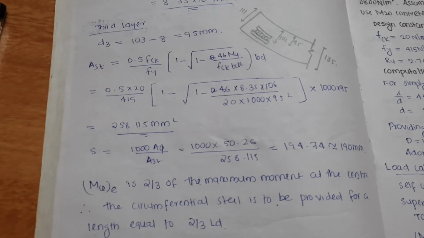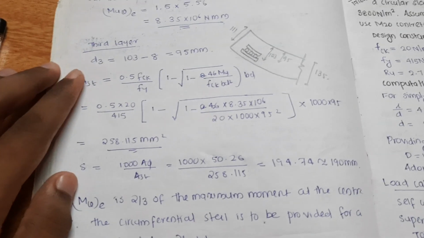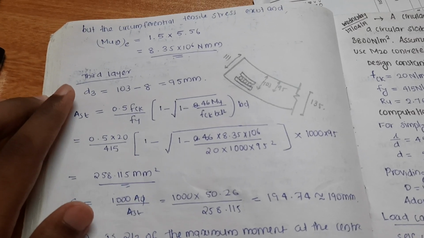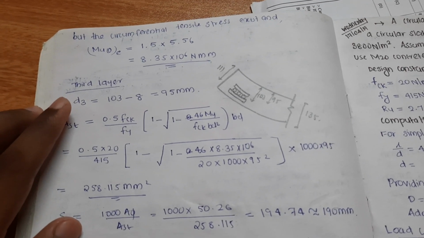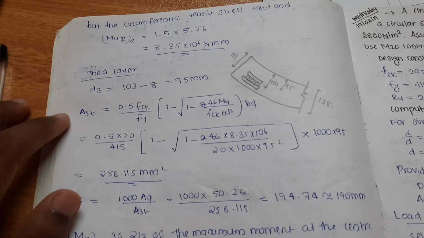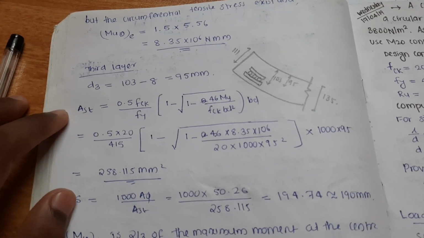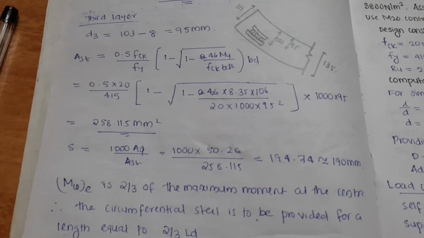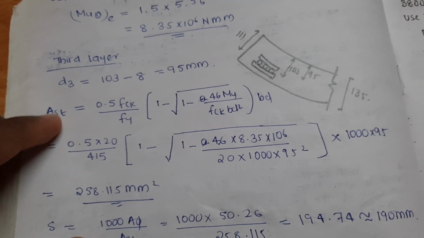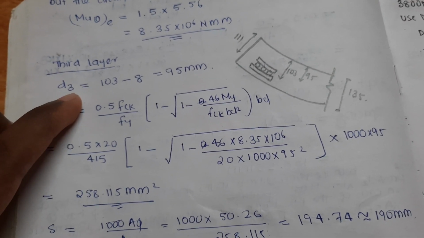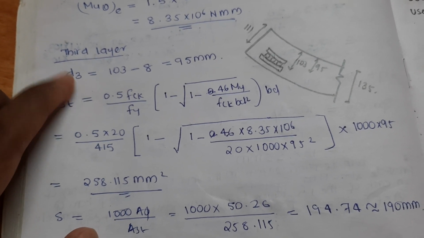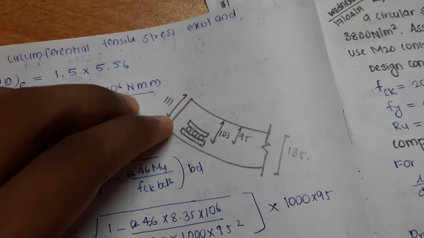So next we have to know how to provide circumferential reinforcement or third layer of reinforcement. Tensile stress is present in the circumference. Radial tensile stress at edge is 0, but circumferential tensile stress is there at the edges. So in order to find out the reinforcement required for the third layer, we have to find out the effective depth in case of third layer of reinforcement.